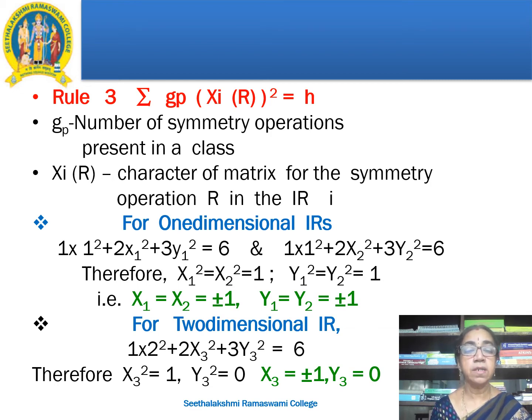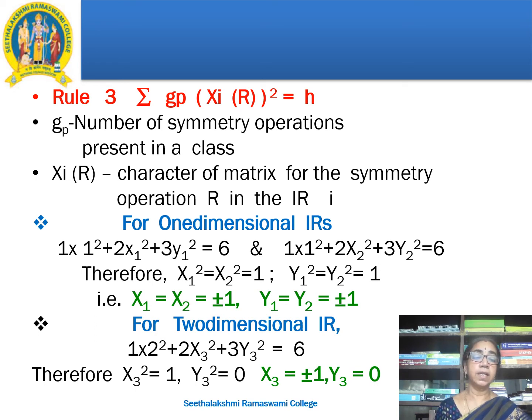The next part of the equation, 2x3 square: 2 is the GP value as already seen, and x3 is the character of the C3 symmetry element in the two-dimensional IR, that is the third IR. In the third part, 3y3 square, 3 is the GP value, and y3 is the character of the sigma V symmetry element in the third two-dimensional IR.